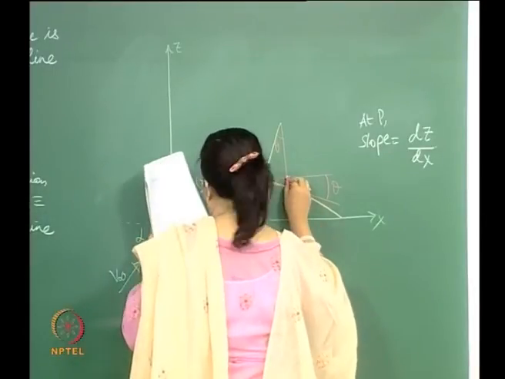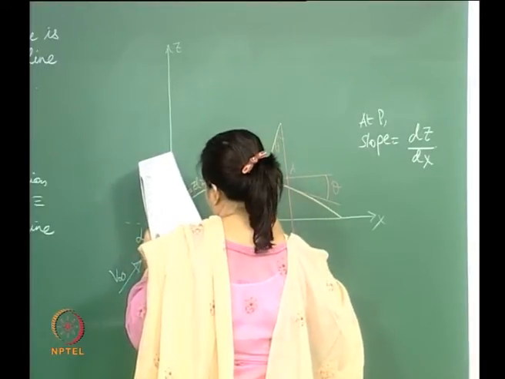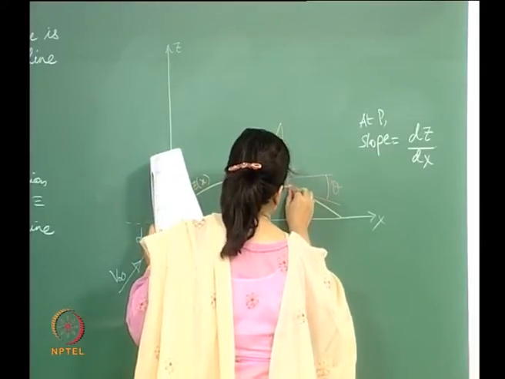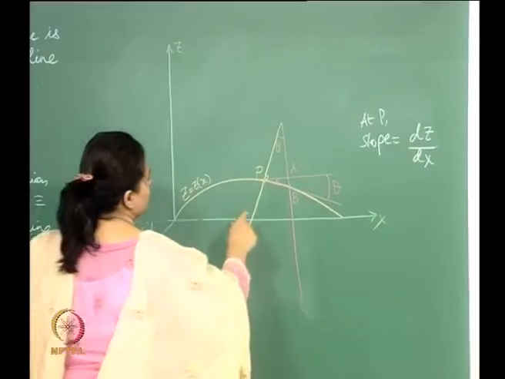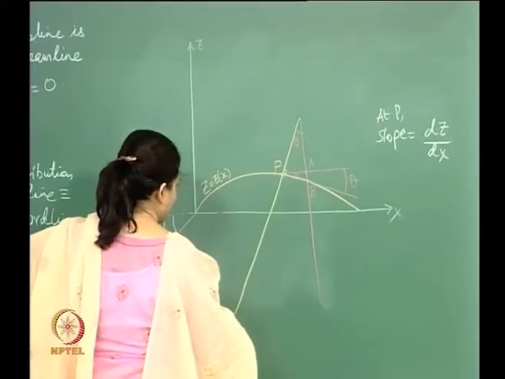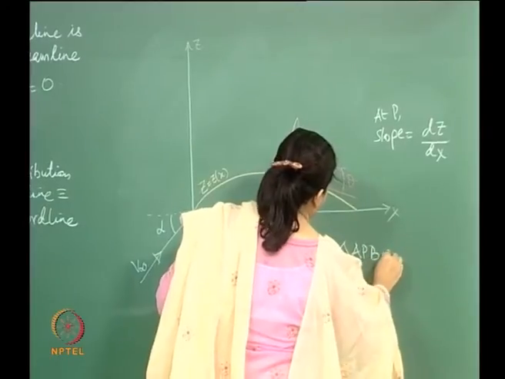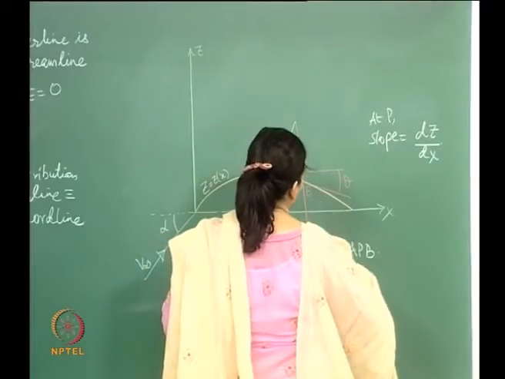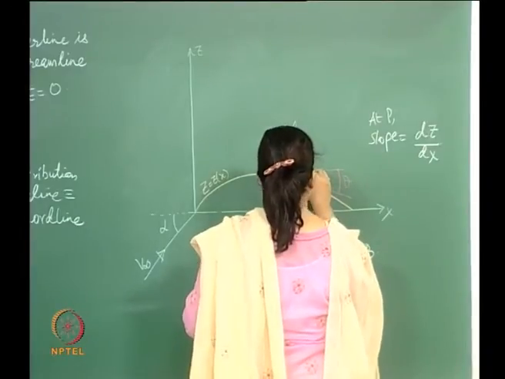Then let me consider this point as A, and this point as B. If I consider this triangle PAB, because this is theta, I am just considering the slope here, and this is a right angle.